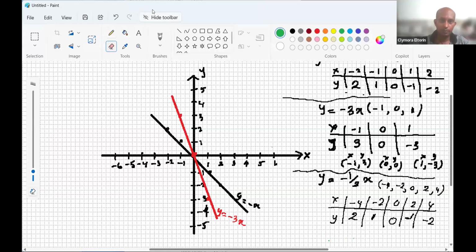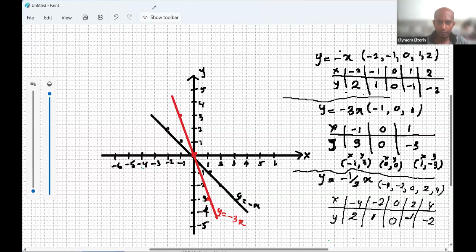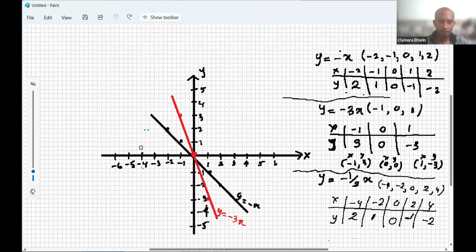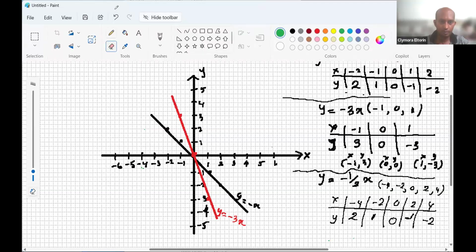What's the first one? Minus 4 and plus 2. This is the point, so the point should be in here. I'm going to mark that. Okay, here's the point, minus 4 and 2.